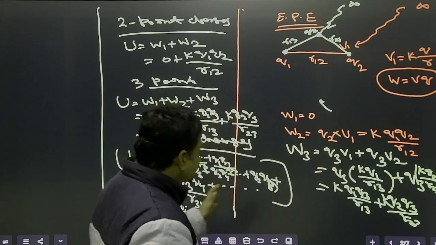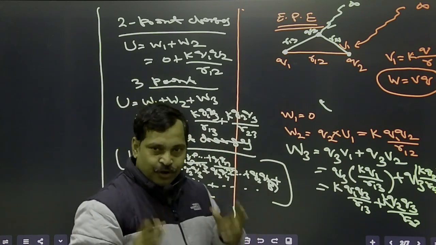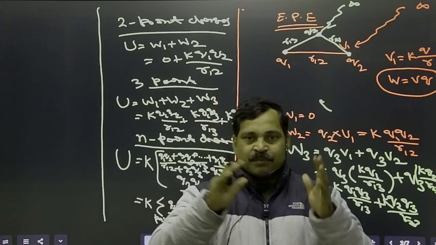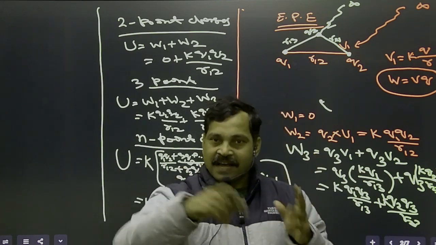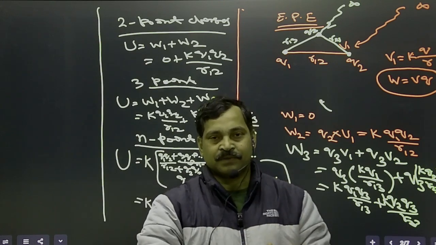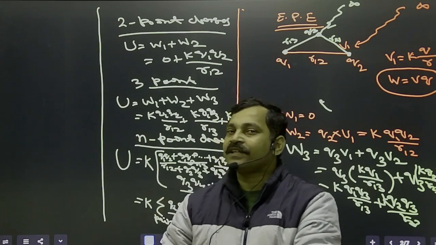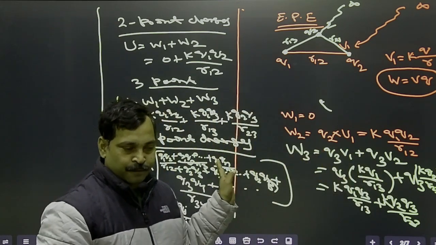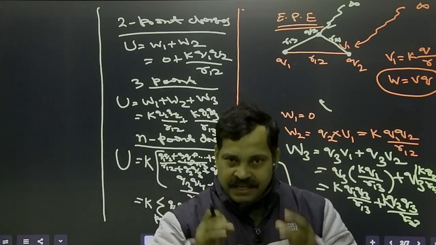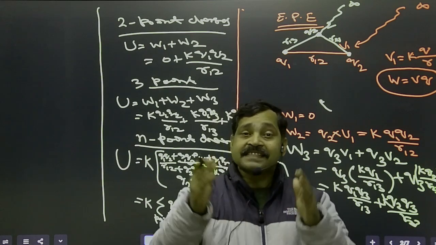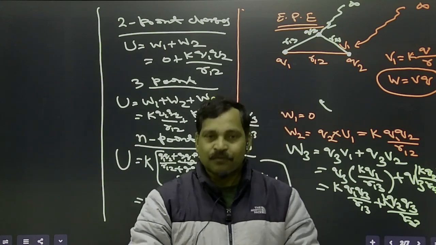This derivation is valid for a system of charges without any electric field earlier in that region. So in the absence of an electric field, this derivation holds good. Suppose the same system of point charges is placed in an external electric field, then what will happen?